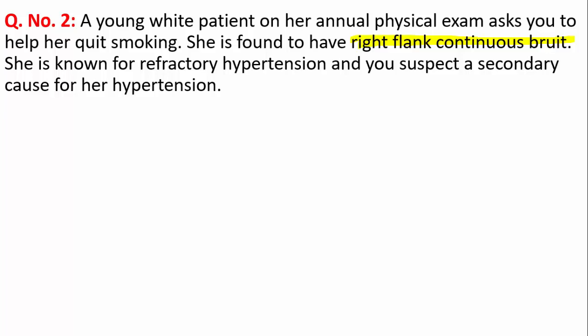The bruit that is continuous throughout systole and diastole is mostly the bruit of renal artery stenosis here in the flank region. She is also known for her refractory hypertension, and the severe refractory hypertension or hypertensive crisis with mostly negative family history is also a feature of renal artery stenosis, and you suspect a secondary cause for her hypertension.